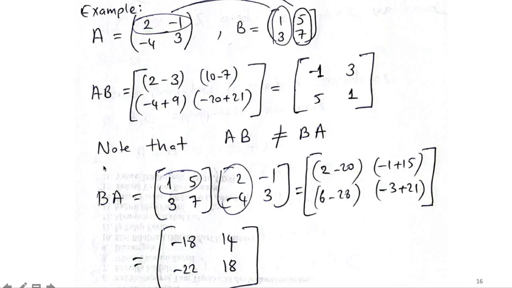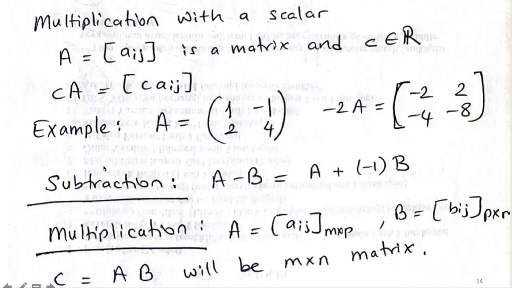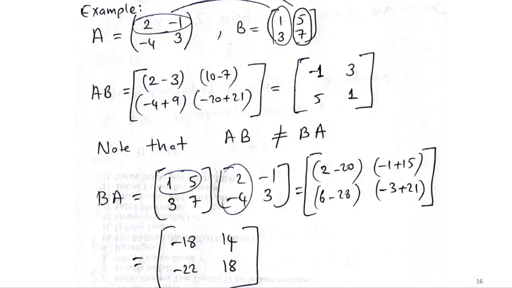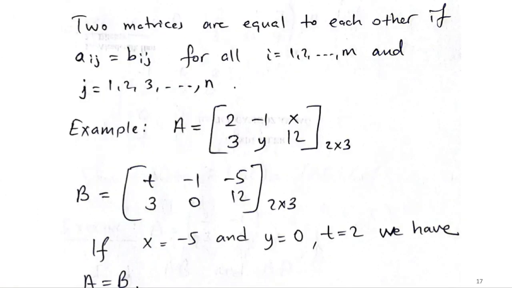And here we have the matrix B and A. So if x equals minus 5 and y equals 0, t equals 2, we have A equals B. So this is the parameterization we use here, x, y, and we have the t.